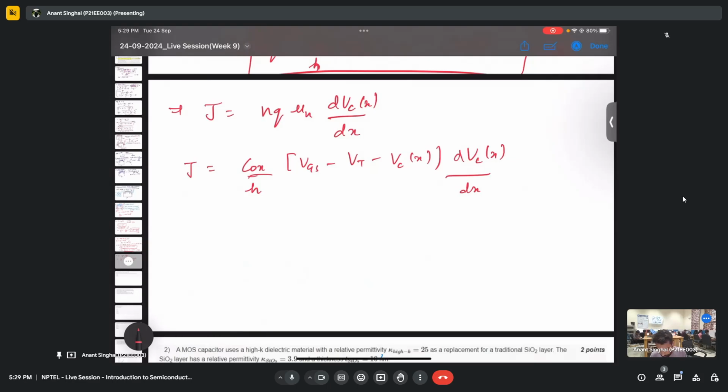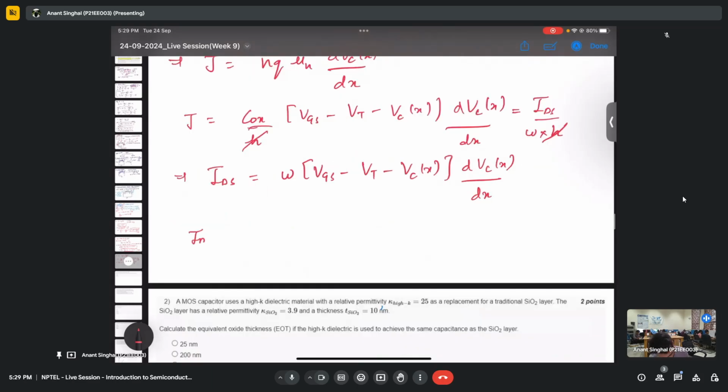I hope you remember that we have just written J as IDS divided by W into H, which is the current density. So I can cancel this H, and IDS is W times Cox times VGS minus VT minus VCX, mu n dVcx by dx. Or IDS into dx is W times mu n Cox times VGS minus VT minus VCX and dVcx.